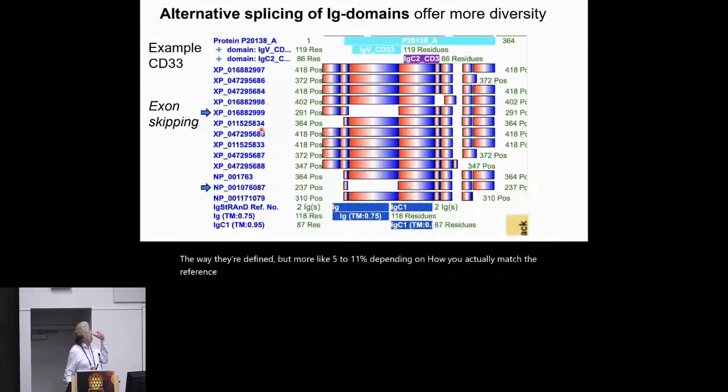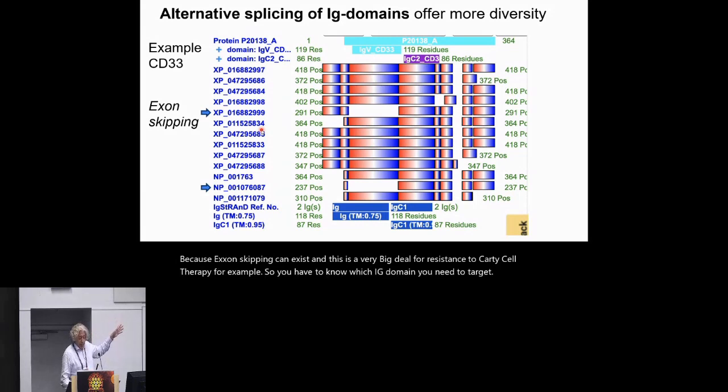Now, there is even more diversity because exon skipping can exist. And this is a very big deal for resistance to CAR T-cell therapy, for example. So you have to know which IG domain you need to target with your antibodies.